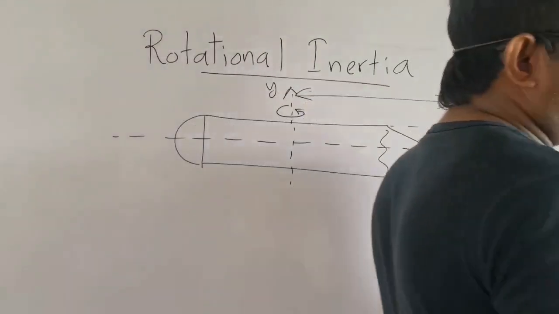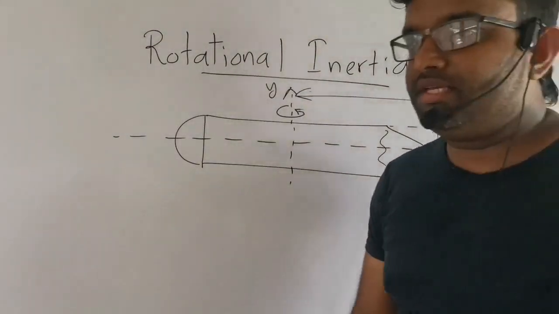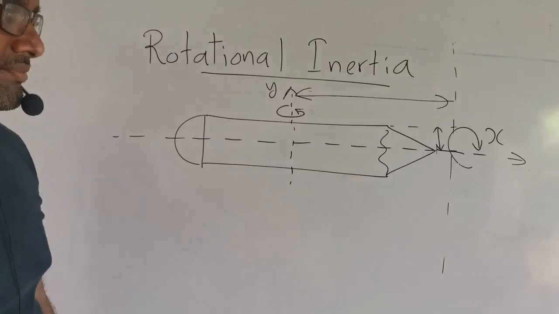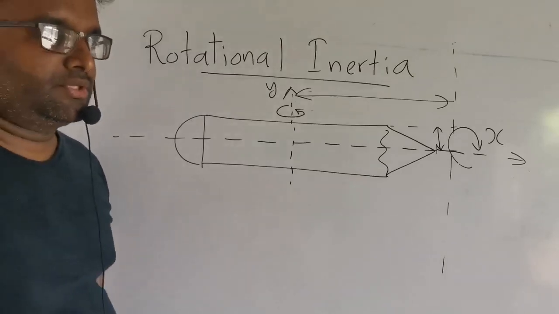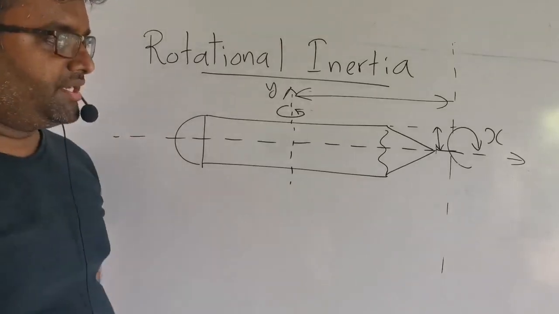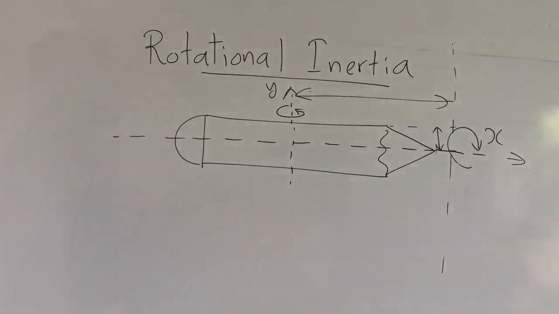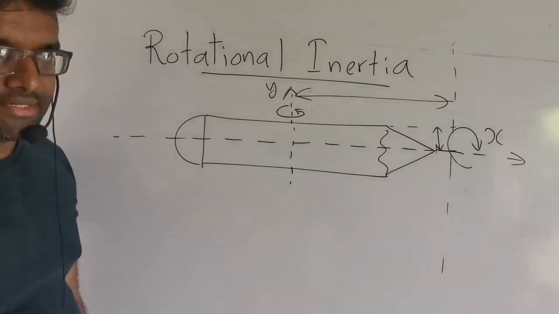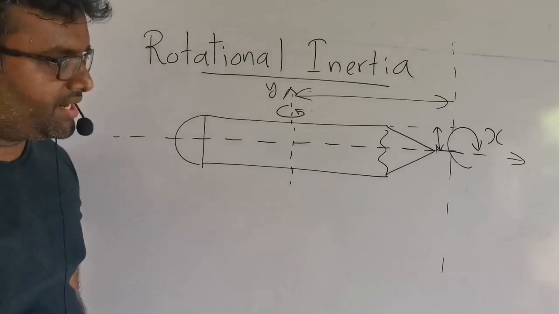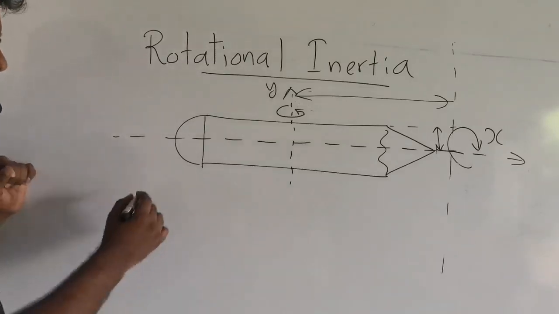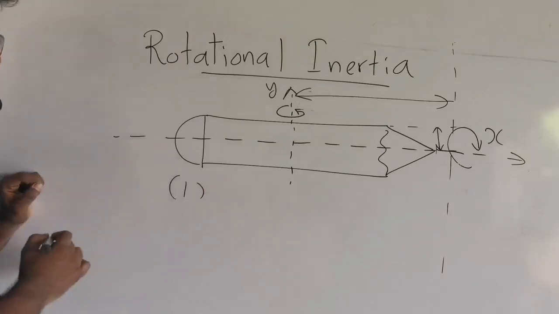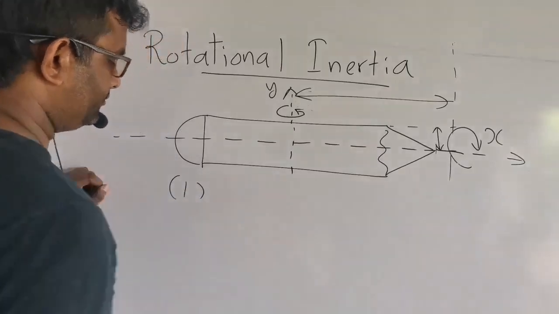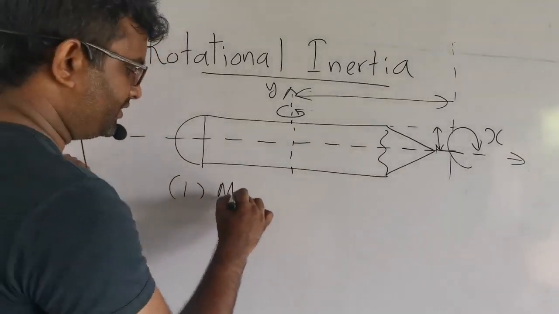Therefore, the following are the quantities that rotational inertia depends on. Put number 1: mass of the object.